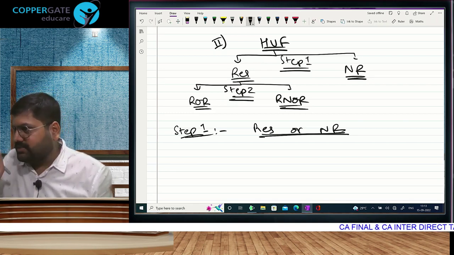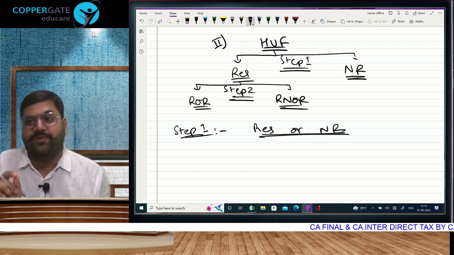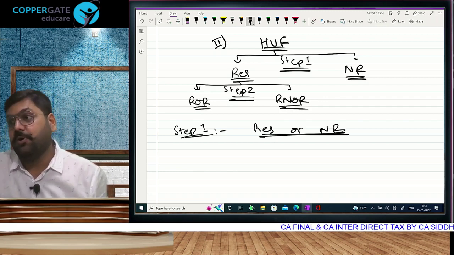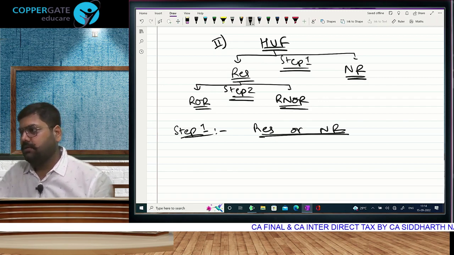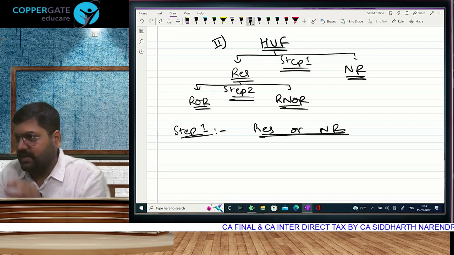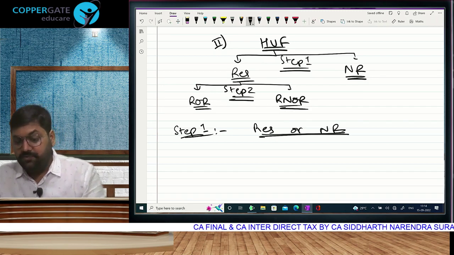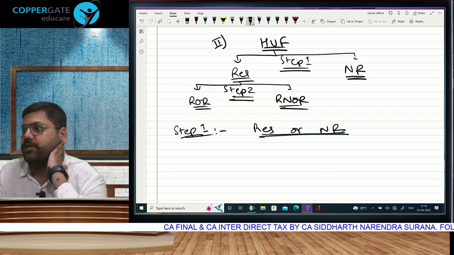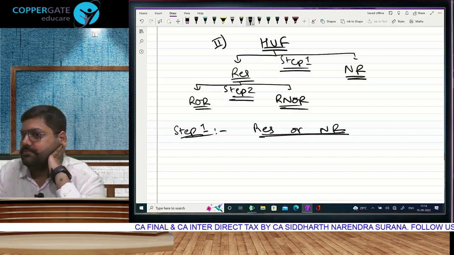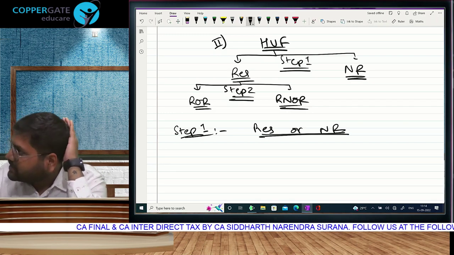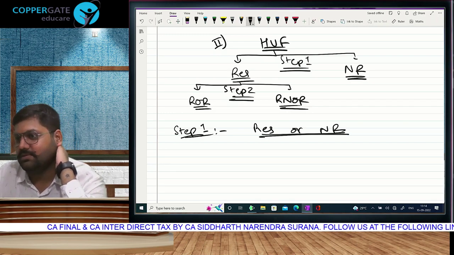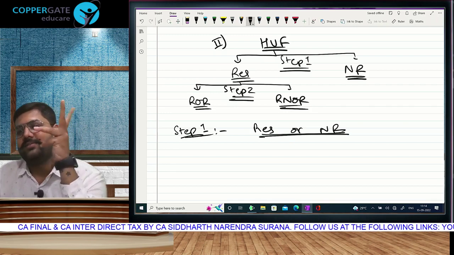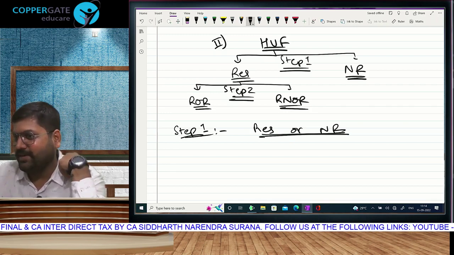For natural persons, that is human beings, the criteria of residential status is based on number of days of physical presence. Nationality, purpose, everything is irrelevant, only physical presence. We cannot have a criteria like that for HUF. Think about it. Are you trying to say, sir, in which country was the affidavit kept for 182 days? So for the partnership firm, will you use the same logic, sir? In which country was the partnership deed kept?